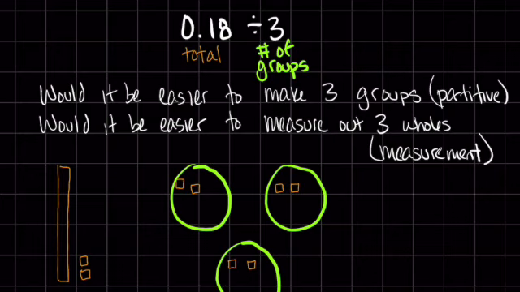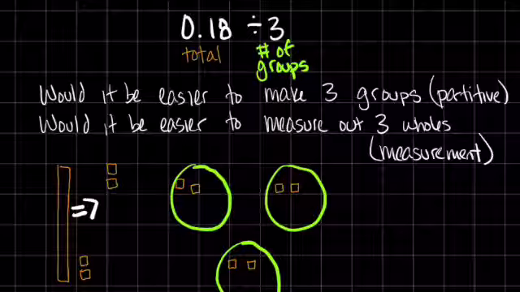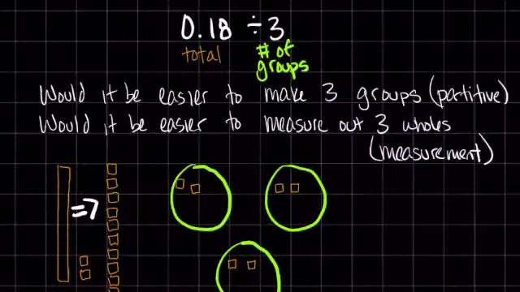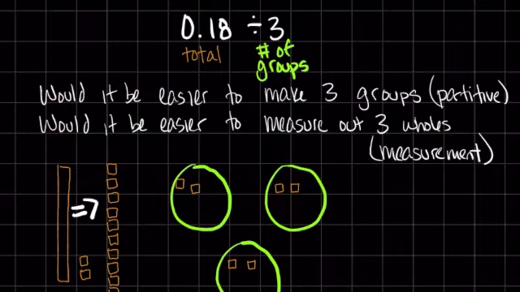So what I'm going to do is regroup my long into 10 units. 6, 7, 8, 9, 10. I believe I counted that right. And then I'm going to continue to divvy out my units.